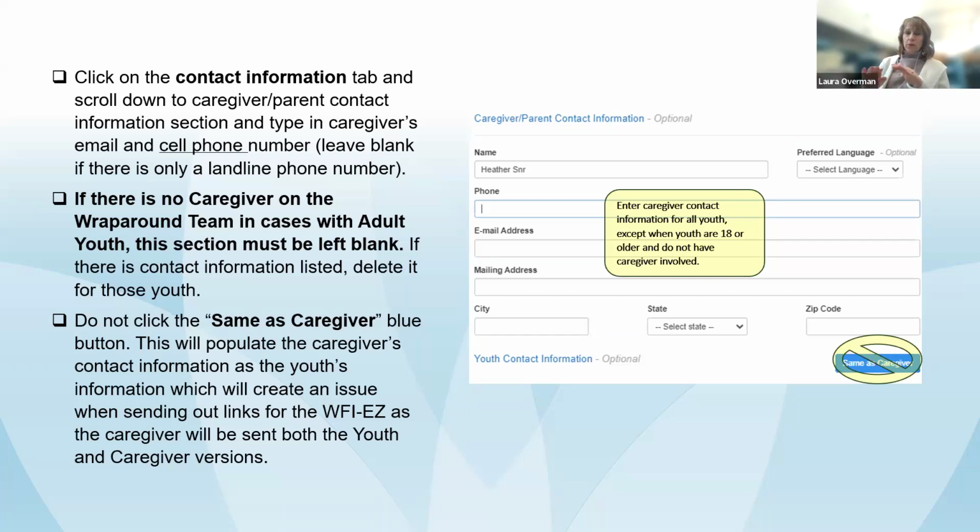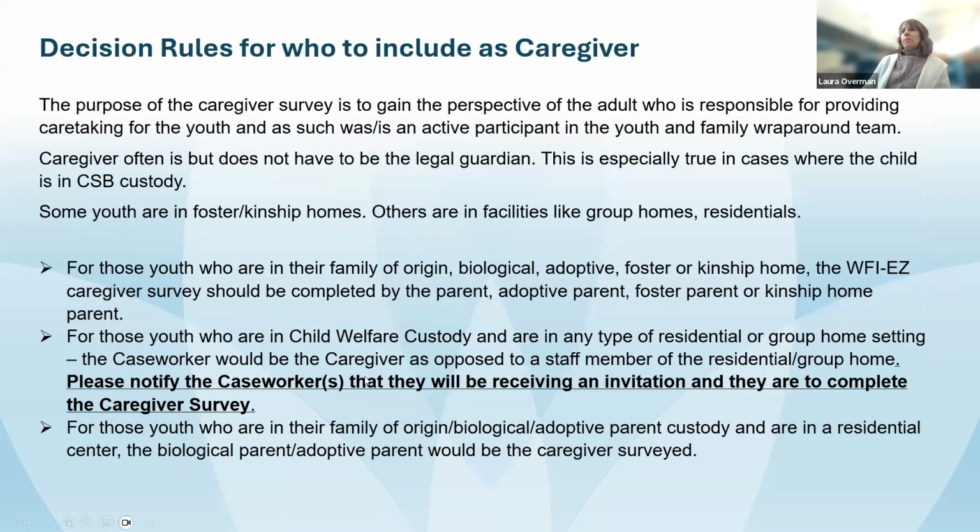And that should be for all youth under 18 or youth 18 or older who are working with a caregiver. We understand that it might not always be clear who the caregiver is.